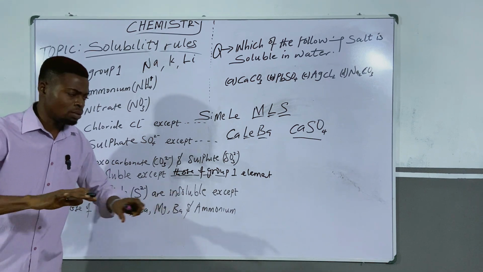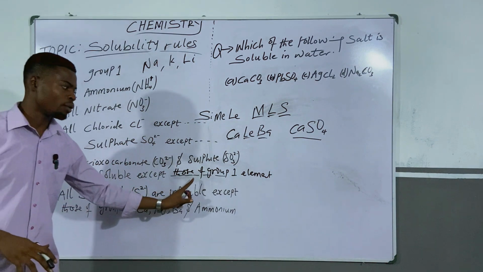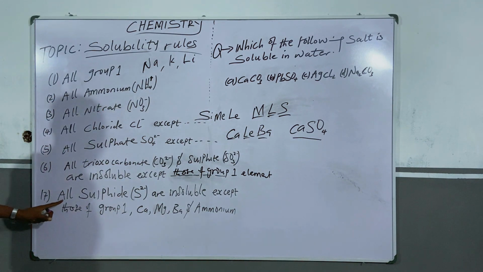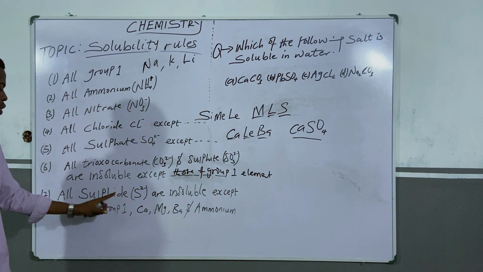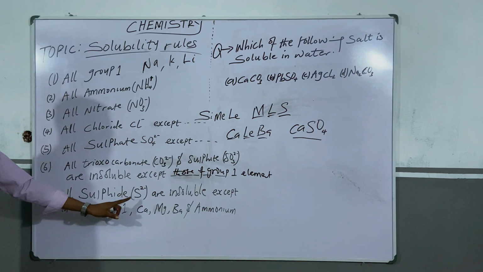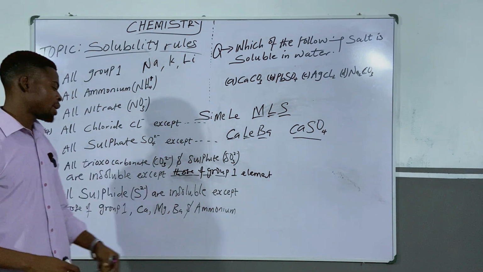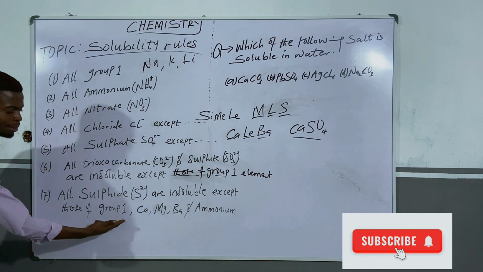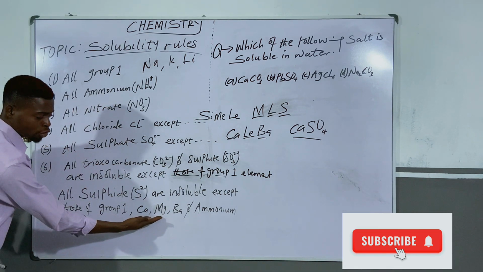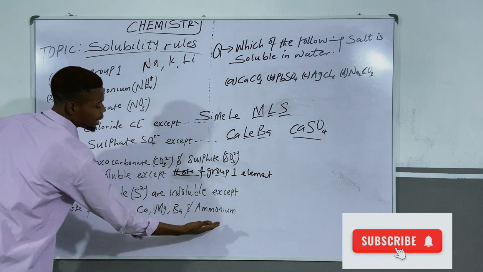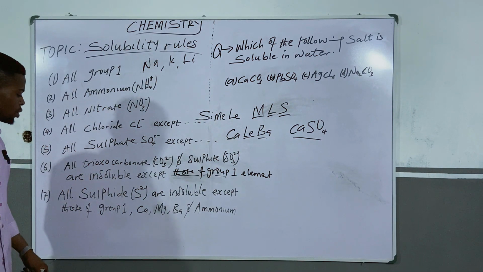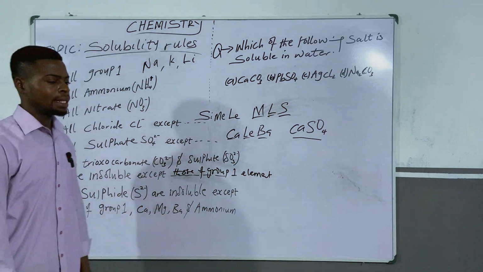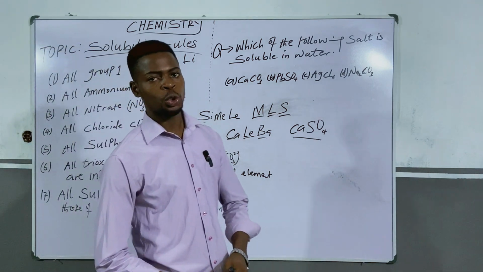They cannot dissolve in water except those of group 1 elements. Then all sulfides are insoluble except those of group 1 elements, calcium, magnesium, barium, and ammonium. And that is the solubility rules.